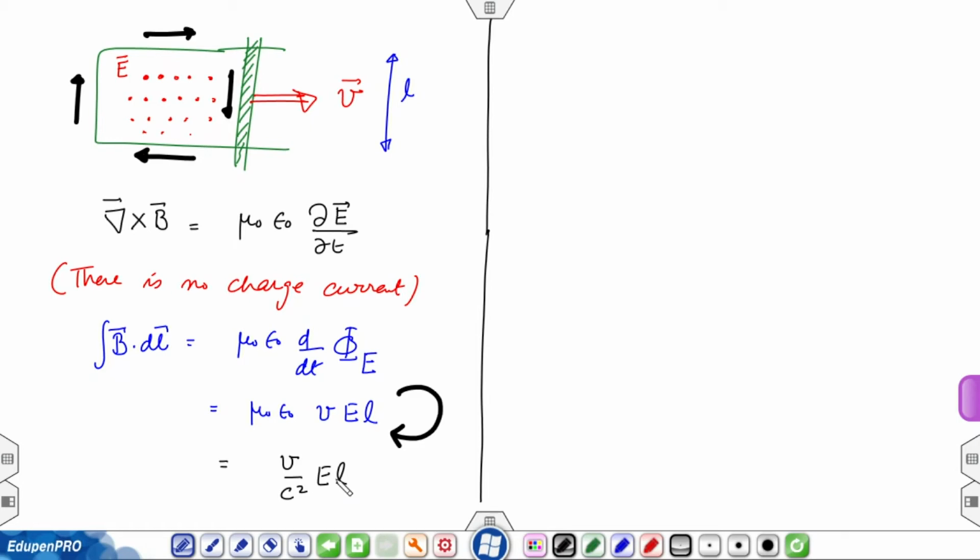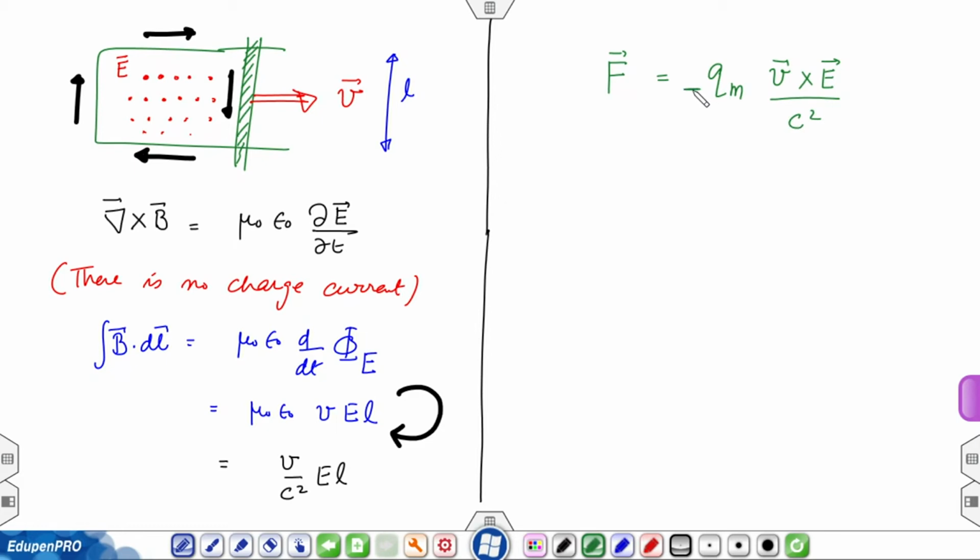And therefore, I can safely say that the force on a magnetic charge due to the electric field is going to be Q m V cross E over C square, but with a minus sign.